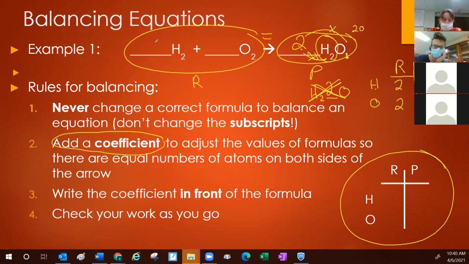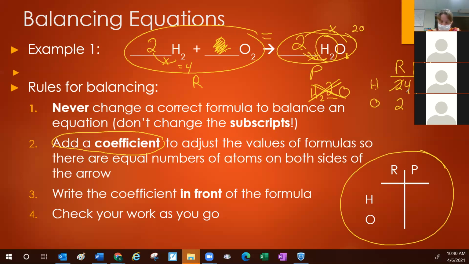Okay, let's do what you said. So if we put a 2 here and a 2 here, that now changed our oxygen to 4, and we only have 2 on the right side. So do we need the 2 in front of the oxygen? No. Okay, all we're trying to fix here is the hydrogen. So all we do is put a 2 in front of the hydrogen, and that gives us those 4 hydrogens.